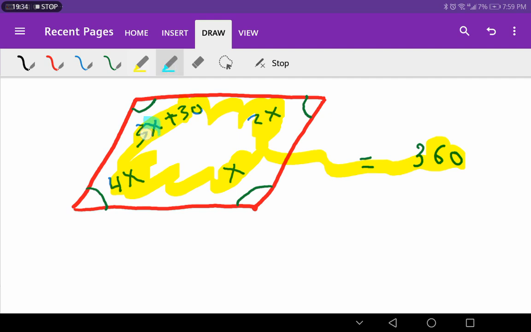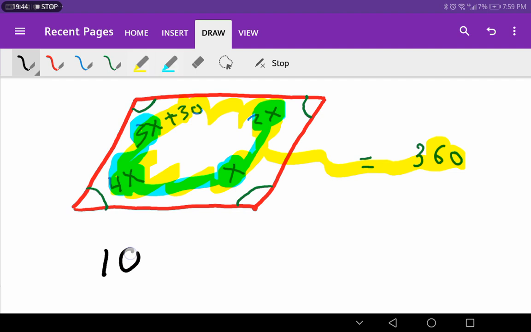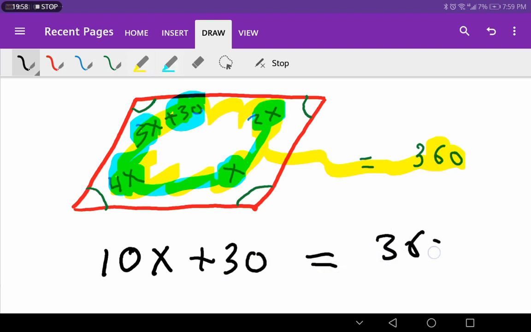So 3x plus 4x equals 7x, plus x 8x, plus 2x equal 10x. And what about the 30 here? The 30 here, you write it plus 30 or positive 30, all of them equal 360 as we agreed before.